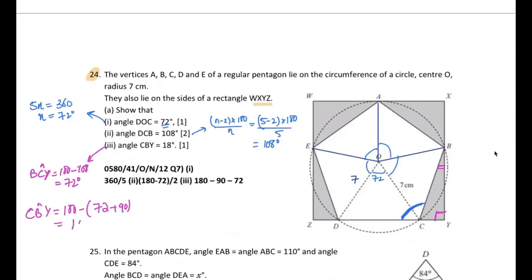And this works out to 18 degrees. Is the working clear? Yeah. Okay. So that's about polygons.